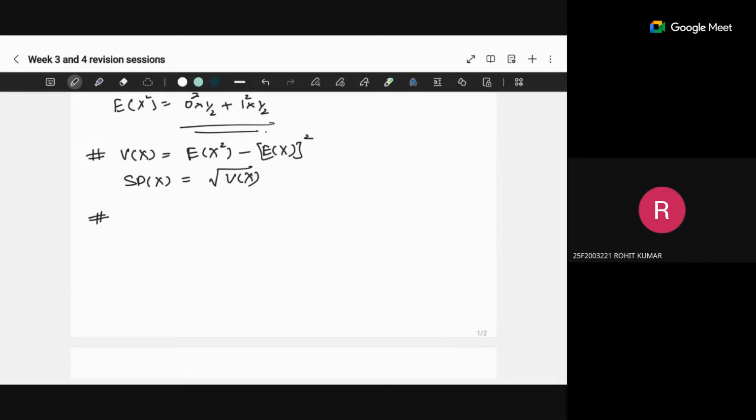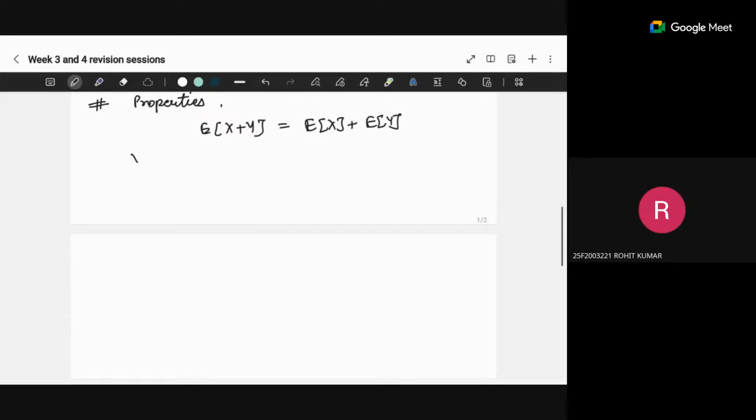Then we have the properties, right? We know that the expectation of the sum of two random variables will be equal to the sum of their individual expectations. Now let's suppose x and y are independent.